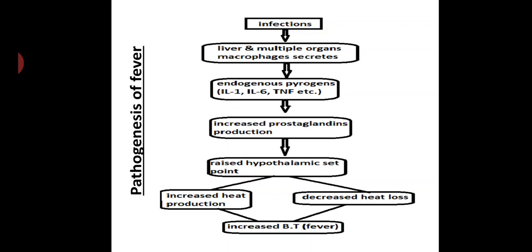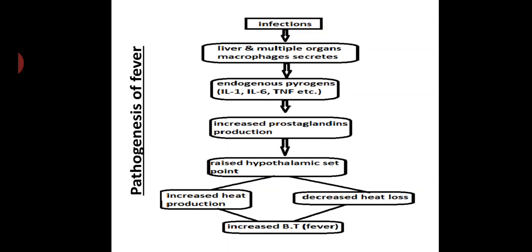So in the market, commonly used drugs for fever, I think you may know the name of paracetamol. So how will paracetamol help to reduce the fever? Paracetamol will act at the level of prostaglandin production.